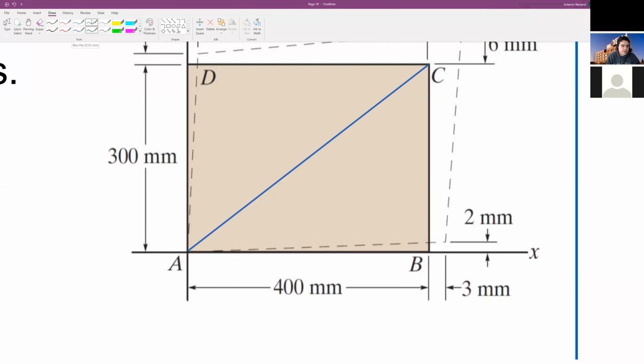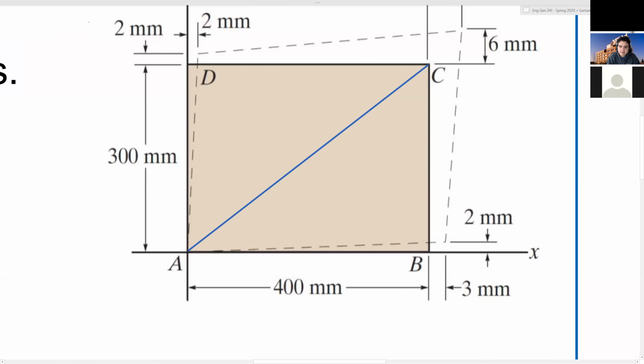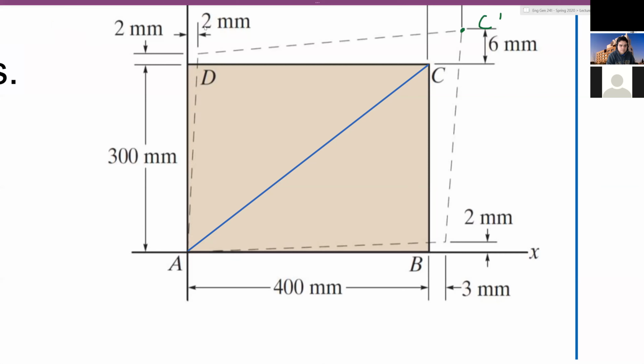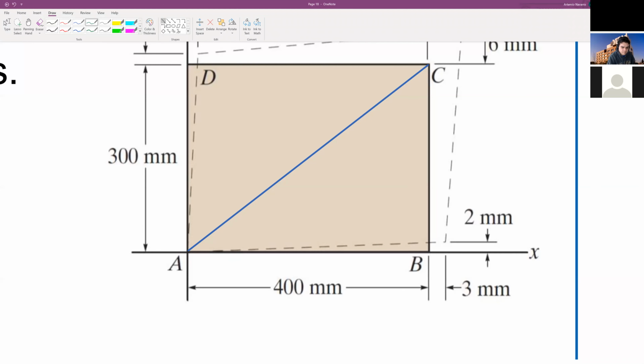So this corner here is C prime. So then my line segment stretched to here.